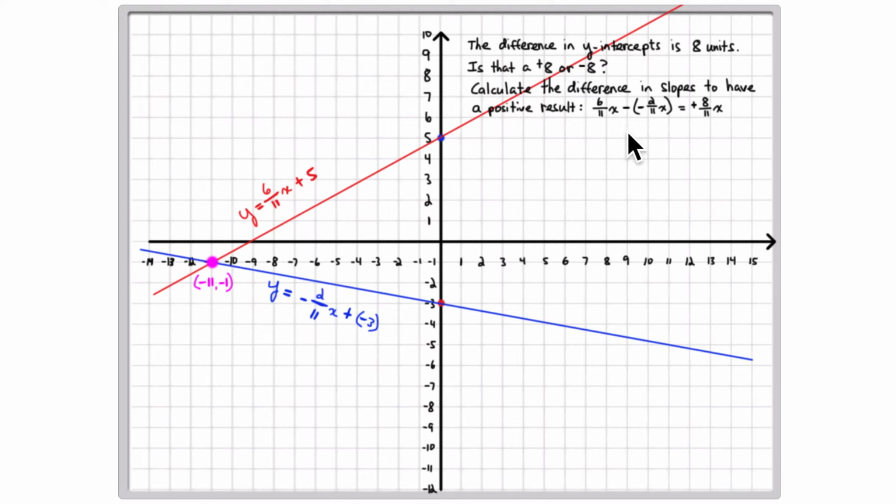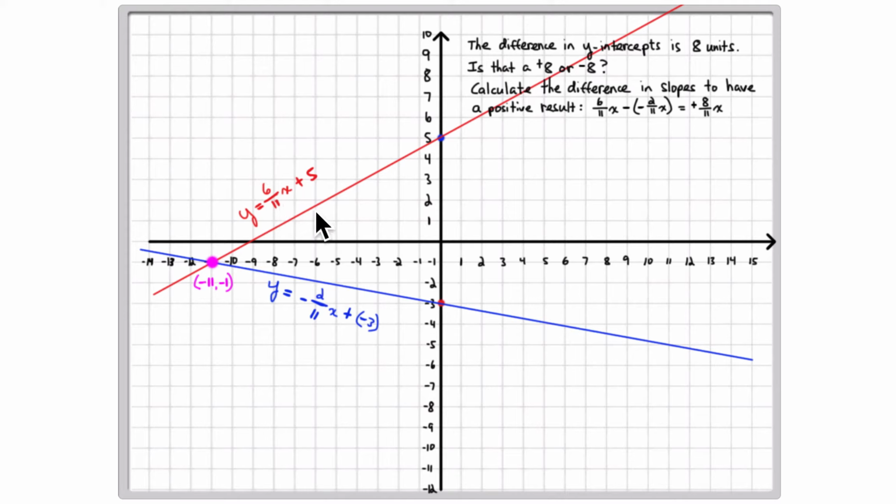So I'm going to subtract this negative 2/11 x, so 6/11 minus a negative 2/11. I'm going to set this up in just a second, but if you're just visually looking at this, you're not really trying to solve equations, you just look at the slopes. You're going to subtract this negative 2/11 from 6/11, and remember that's the same as adding 2/11.